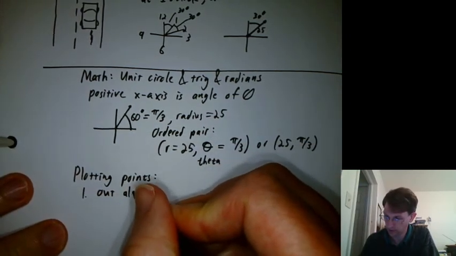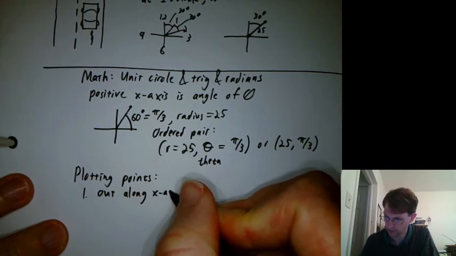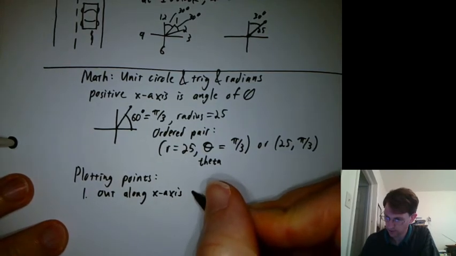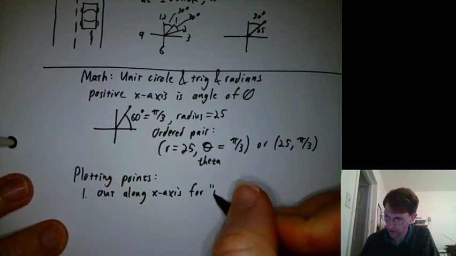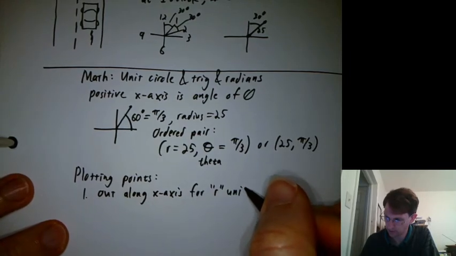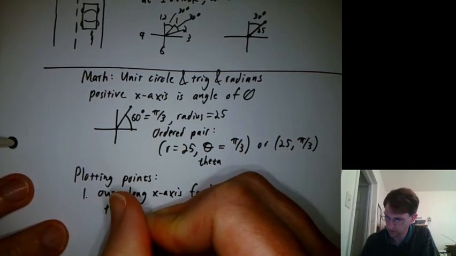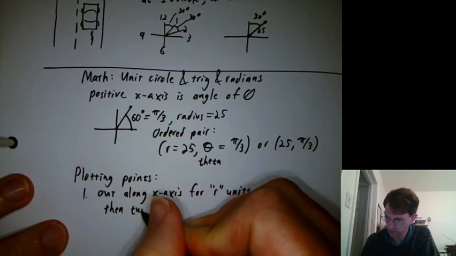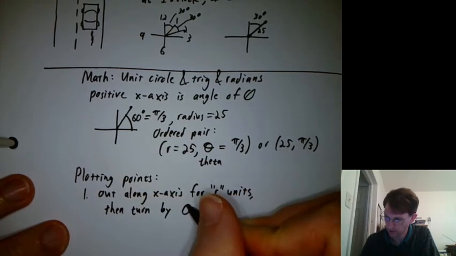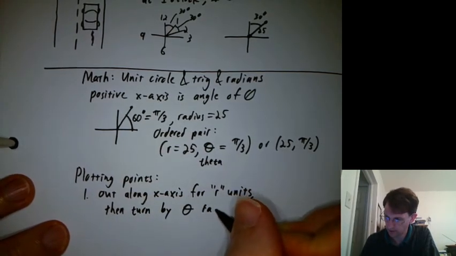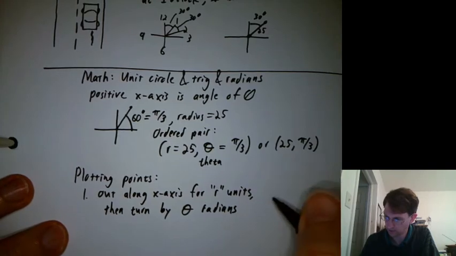So out along the x-axis for r units, then turn by theta radians.